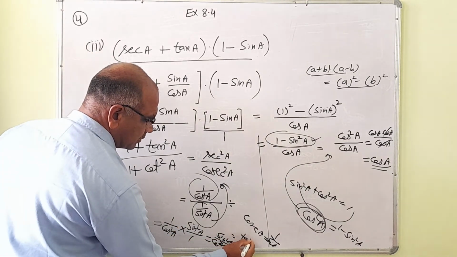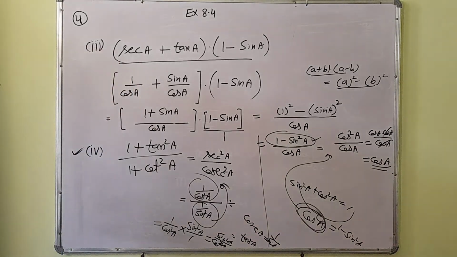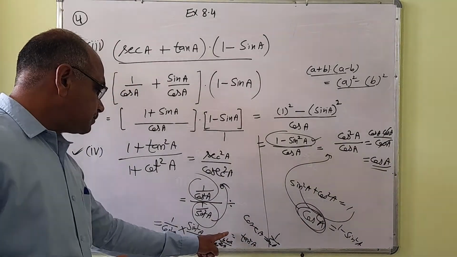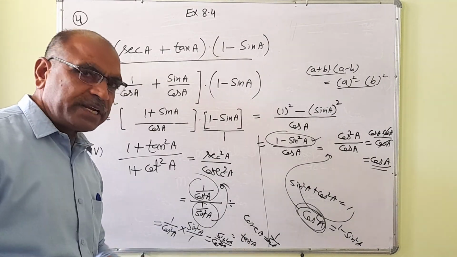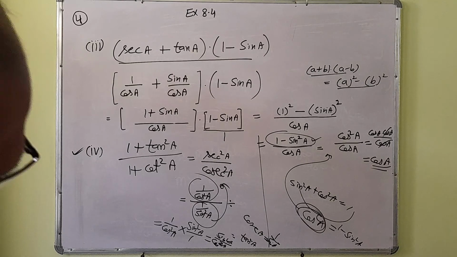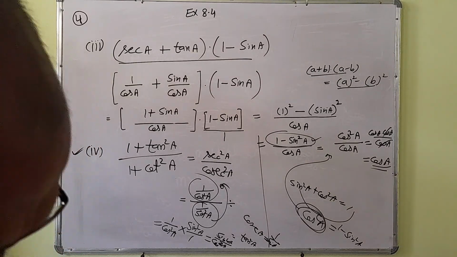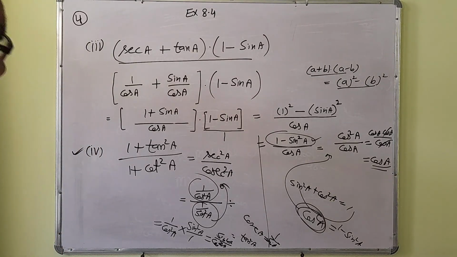Tan square A. Again combined: sin A upon cos A gives tan A, but both are squares. So this term is equal to tan square A. So your option D is again right, tan square A. Do questions like these, very simple.